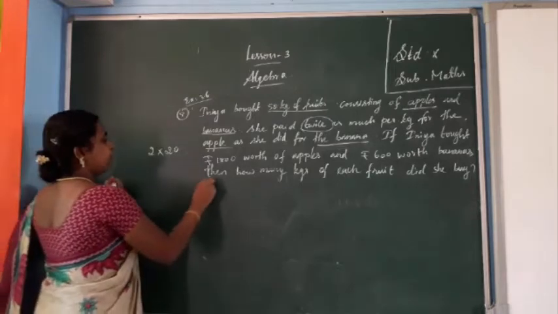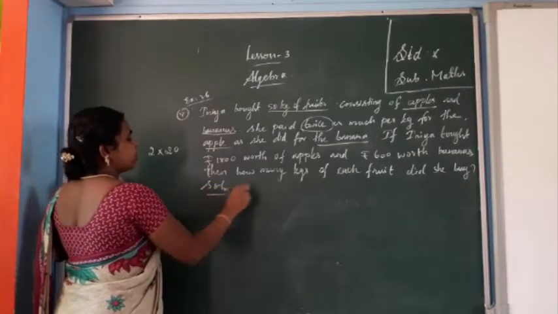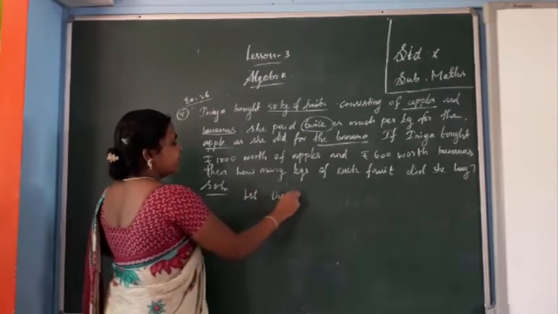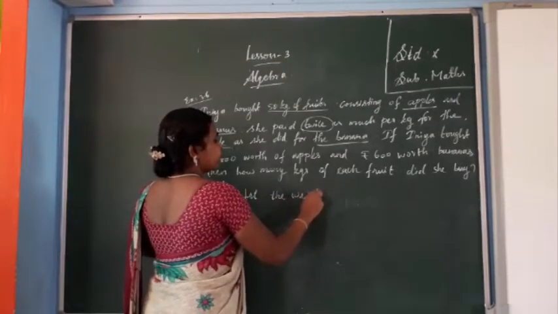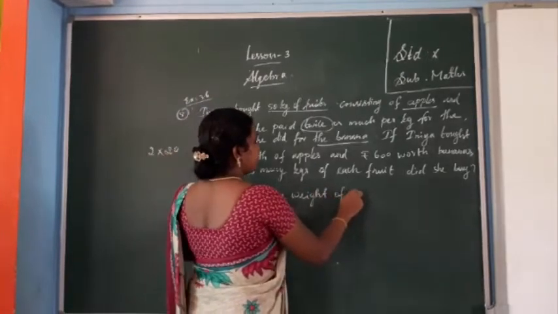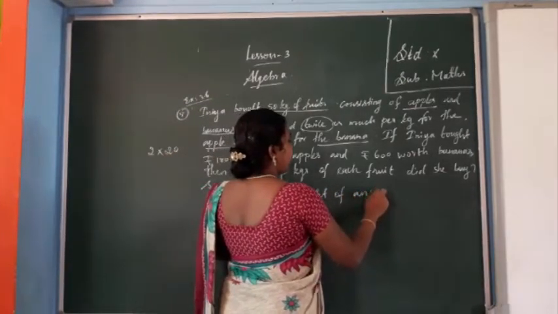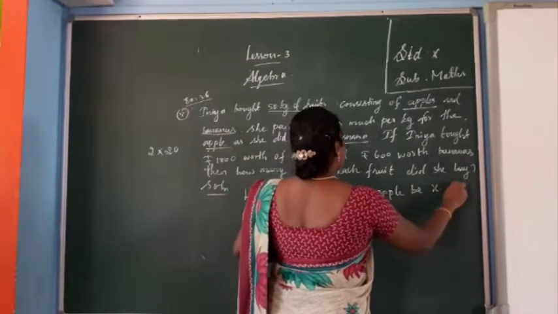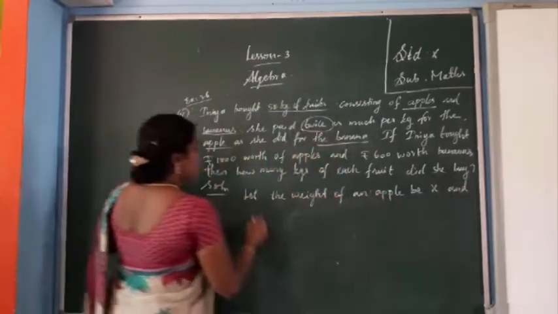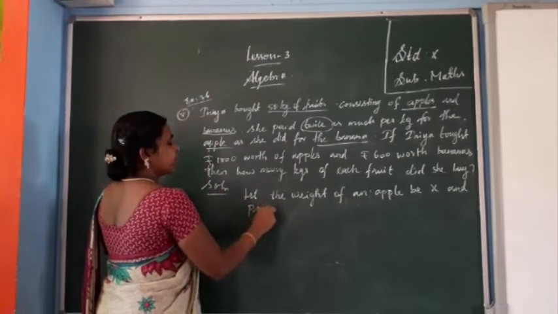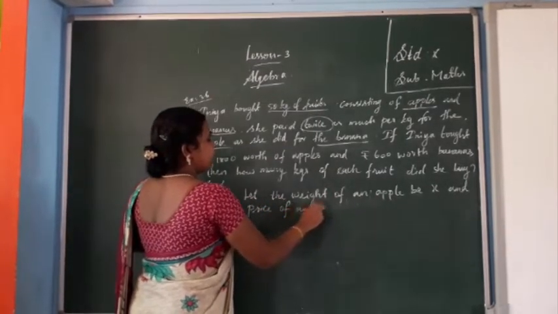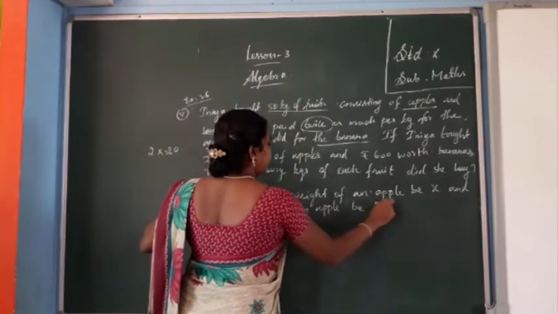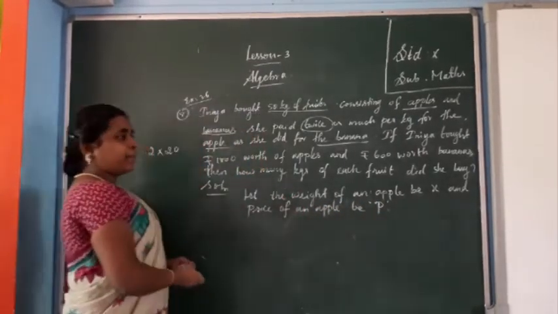Okay, so we can see first. Let the weight of an apple be X and the price of an apple be P. Okay, I am taking P as the price for apple.